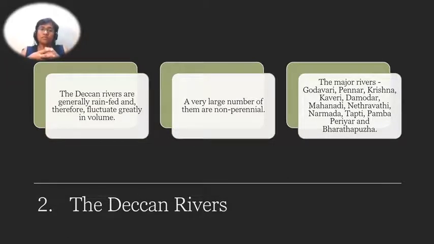The major rivers of this particular region are the Godavari, the Pennar, Krishna, Kaveri, Damodara, Mahanadi, Netravati, Narmada, Tapti, Pamba, Periyar, and these are some of the major rivers of the Deccan region.